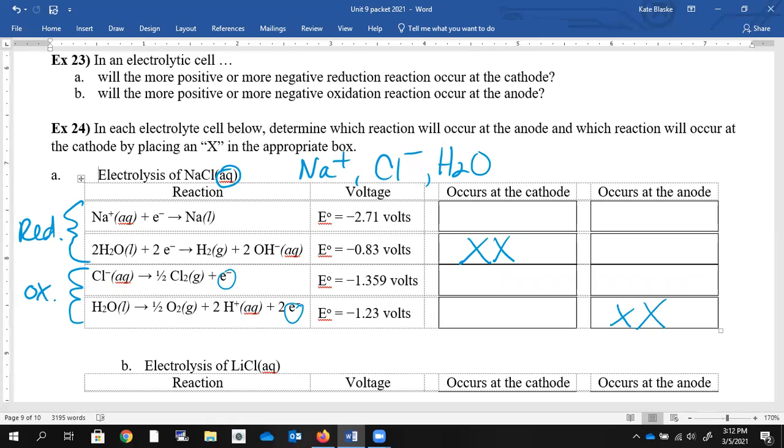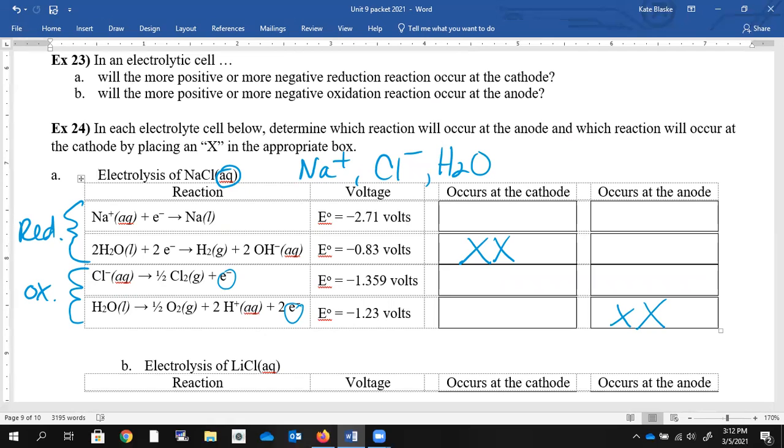There are ways to get sodium and chlorine out of this. If I don't want to have water as an option, I either need to pick another oxidation or reduction reaction to force the one I want to happen, or I need to take water out of the picture.